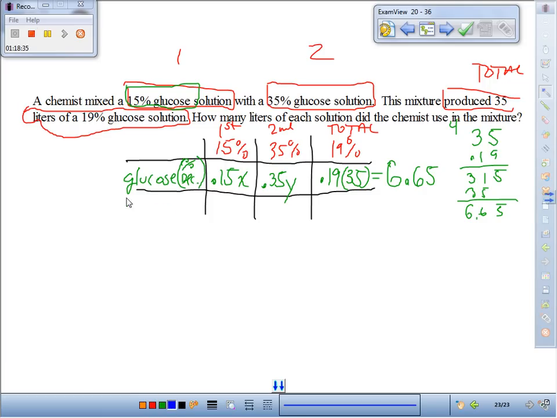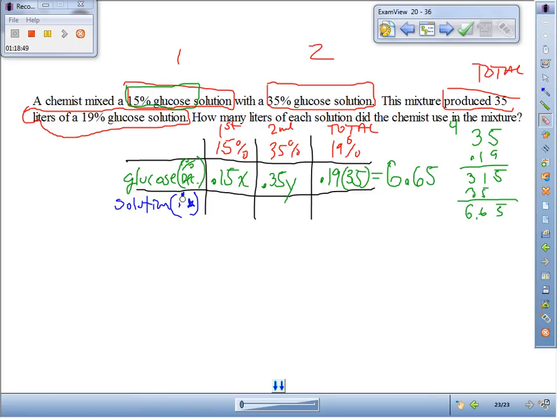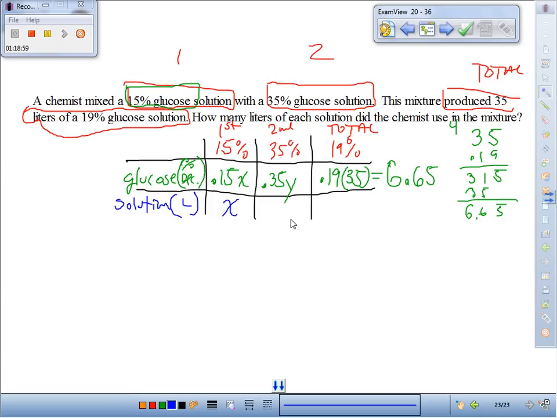Okay. This one, we're going to write solution, but this is going to be in liters. So let's see. Do we know how many liters went to the first solution? No. The second solution?